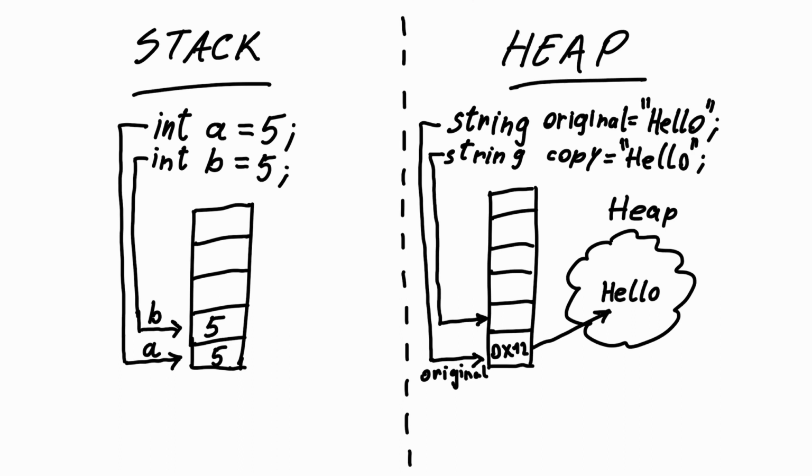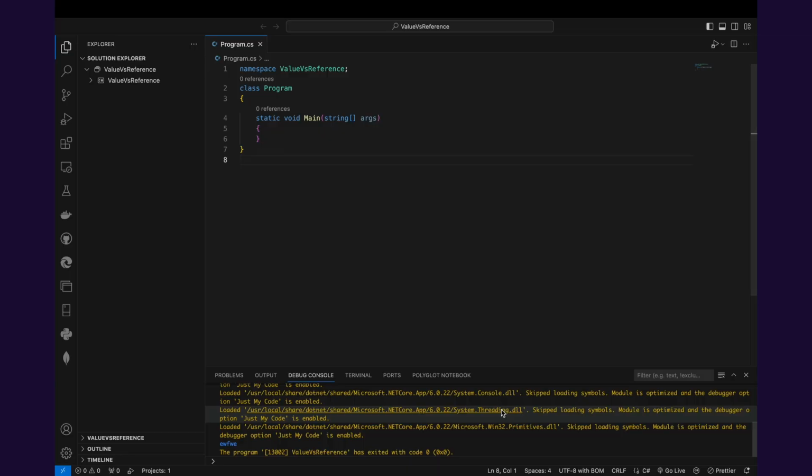This time, the string copy, which has its own unique memory address, points to the same hello value in the heap. In other words, it references it. This is why these data types are called reference types. They are stored indirectly. In the next section of the video, I'll show you some practical examples of passing data by value or by reference and the usage of the ref and out keywords.